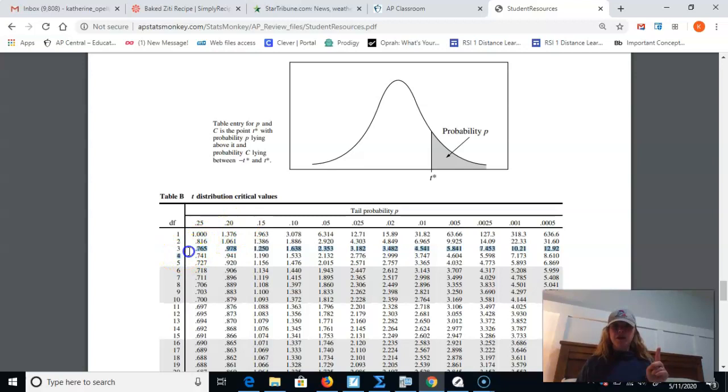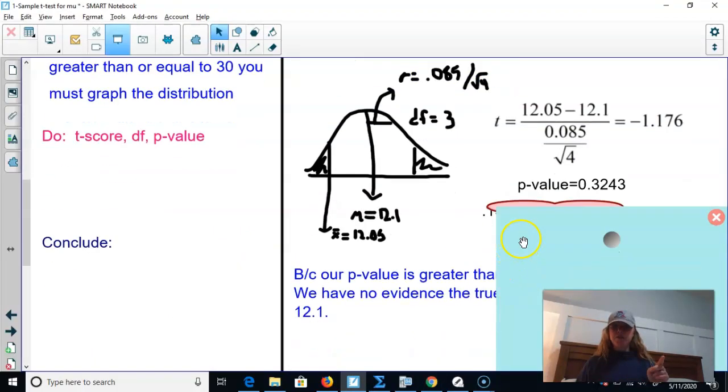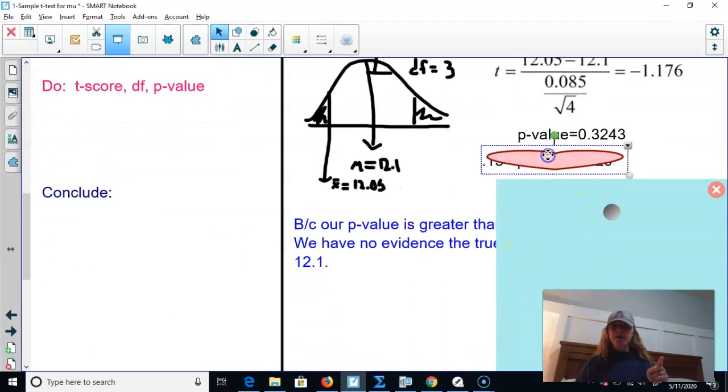Again, degrees of freedom is 3. 1.17 is between 0.978 and 1.250. I'm in this little row right here, or column. I scroll up. My p-value is between 0.15 and 0.20. So what I do is I mark that right here.